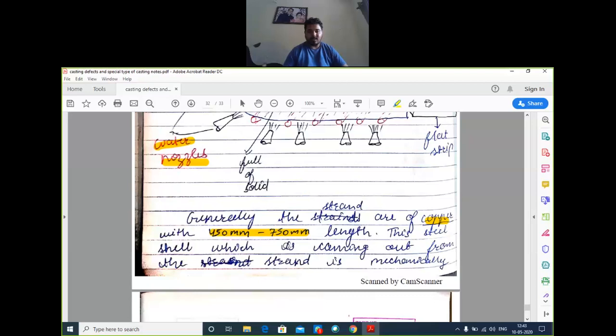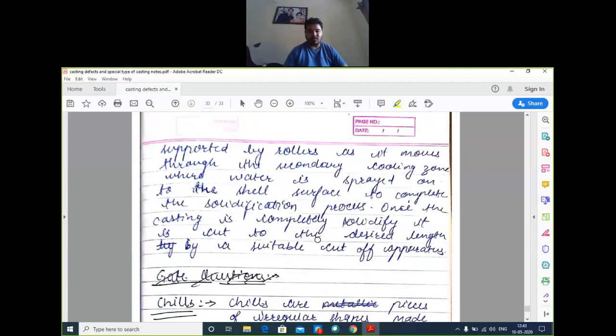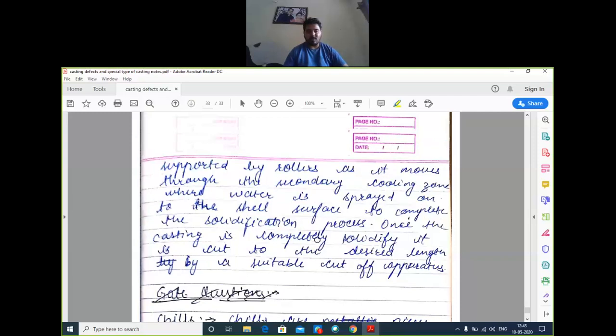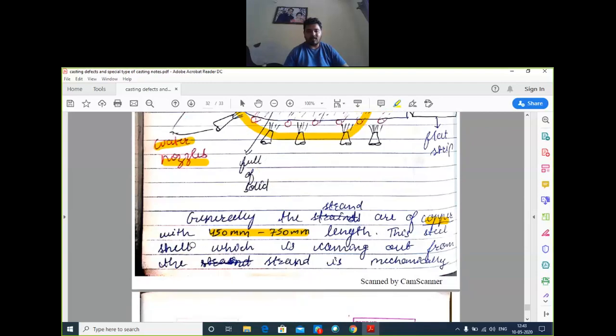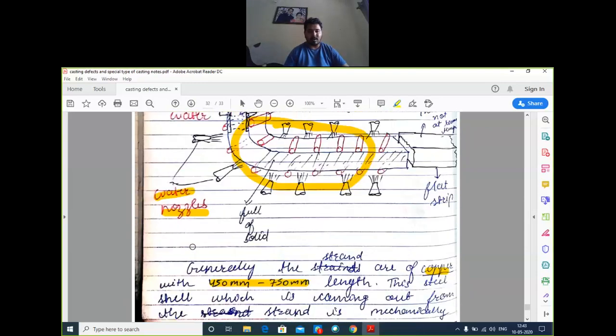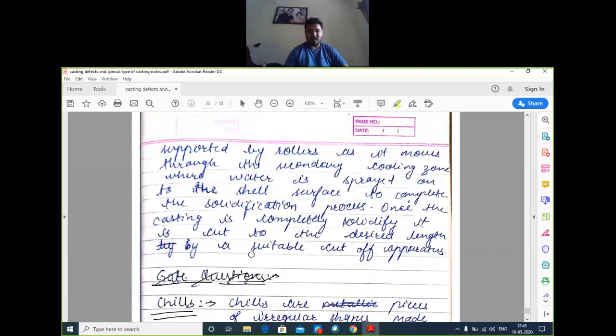The steel shell which is coming out from the strand is mechanically supported by the rollers as it moves through the secondary cooling zone. This is called the secondary cooling zone, and the cooling is done with the help of water nozzles. Why is cooling done? Cooling is done for solidification of the material.